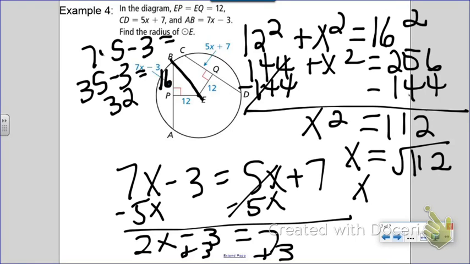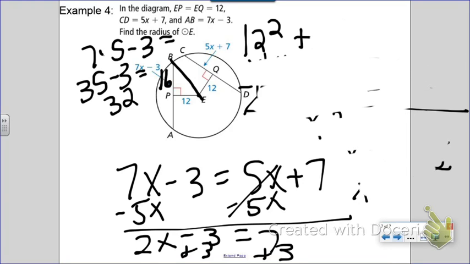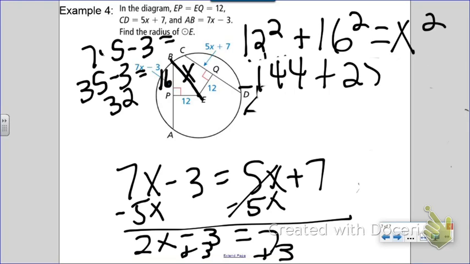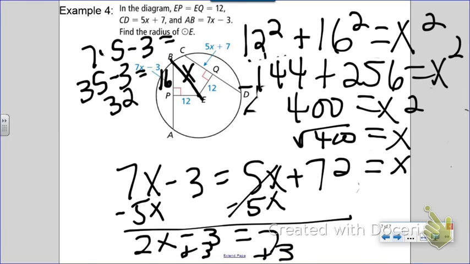We're finding the hypotenuse, so we redo it. Add them together. Square root it. X equals 20. So the radius of the circle is 20 units.